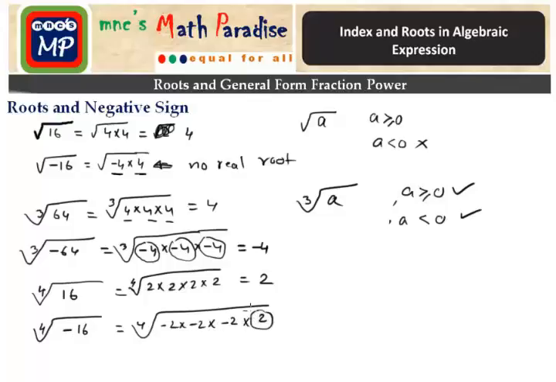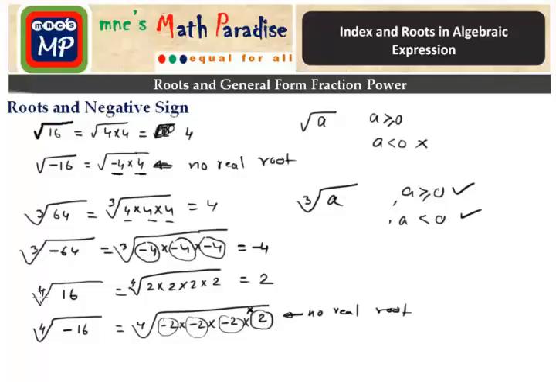If we put another minus here, it will become plus. So for minus 16 we can't write 4 minus numbers multiplied, so we don't have the same thing multiplied 4 times that we can take out. So here no real root is possible.